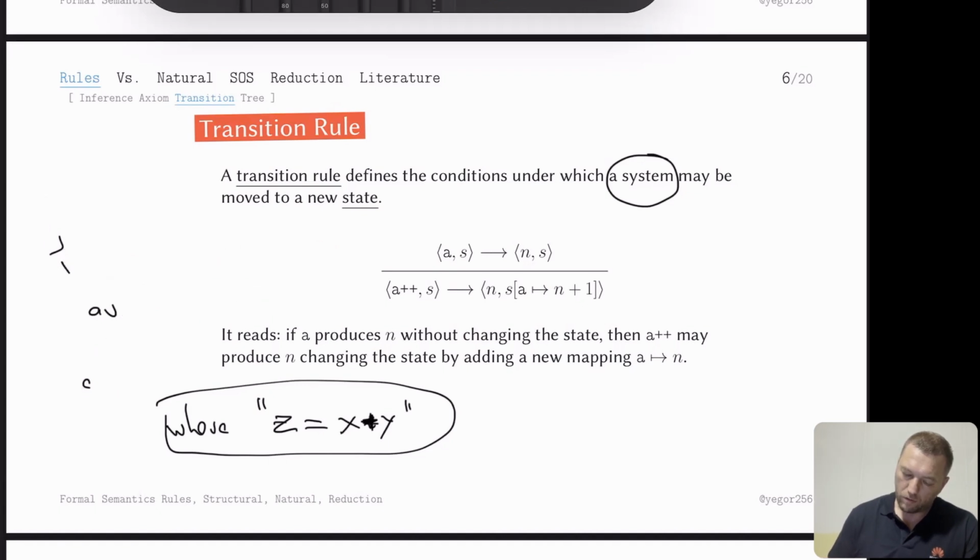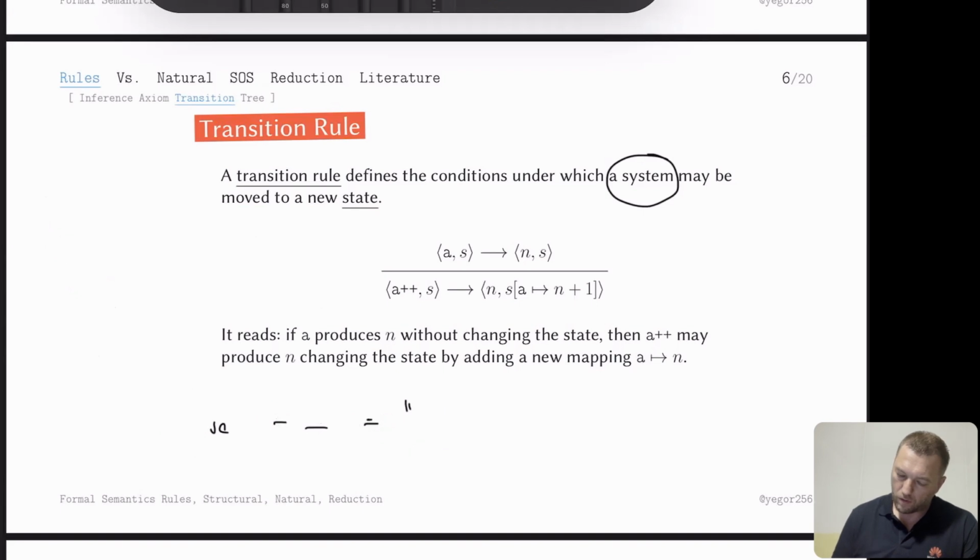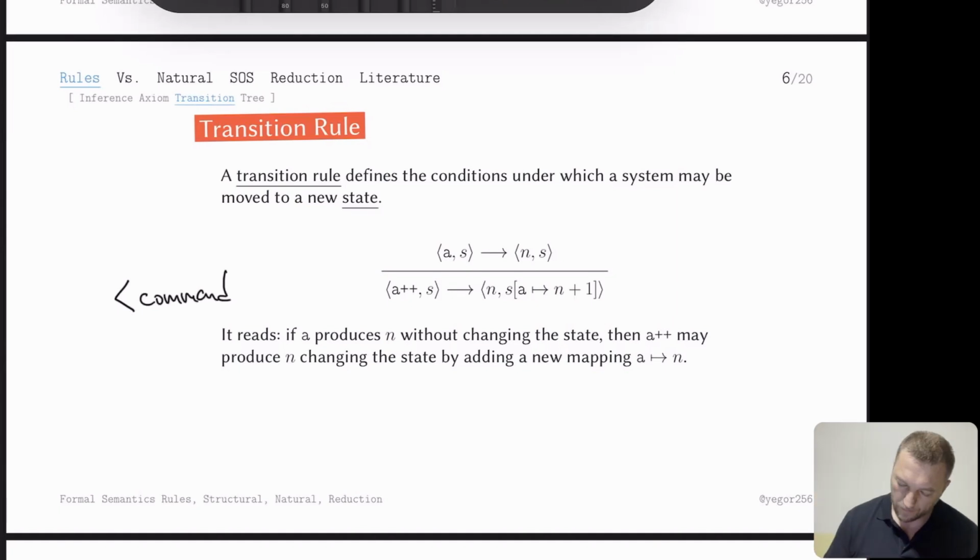So the inference rule usually has a form like this. On the left side, in these angle brackets, we say some command, like what's coming into the machine, and then we say state, in which state the machine is right now.